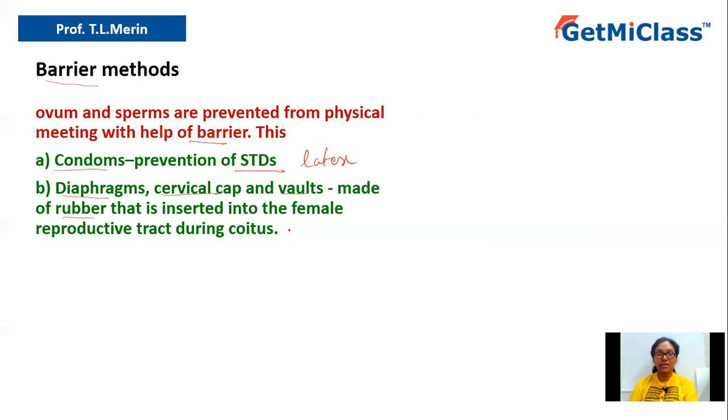That is why these are called barriers. Then there are spermicidal creams, jellies and foams, which are applied within the cervical area of the female. During coitus, even if the sperms are released, the chance of the sperm being alive to reach the egg will be less, because these are spermicidal, that means they can kill the sperms.